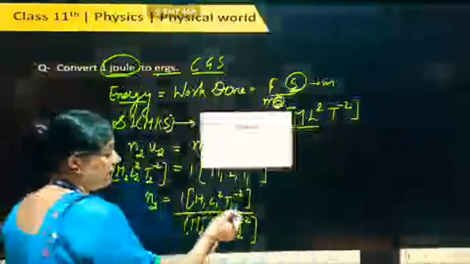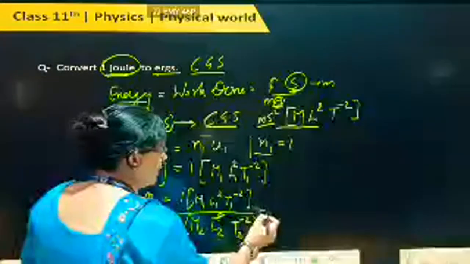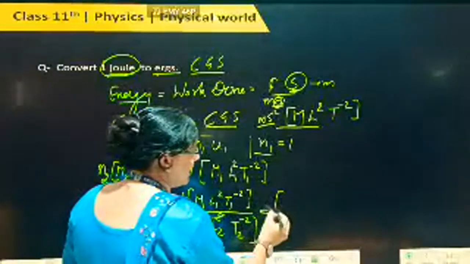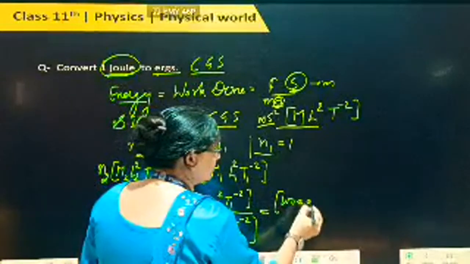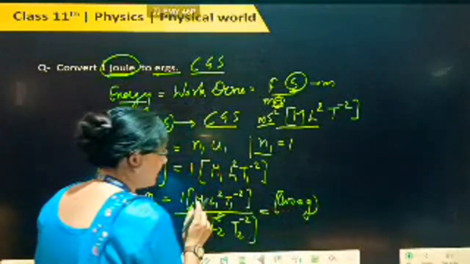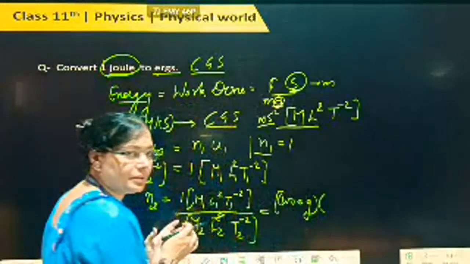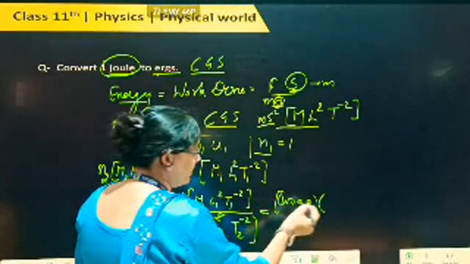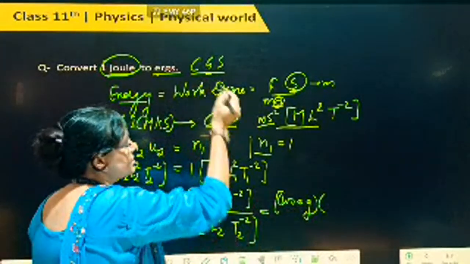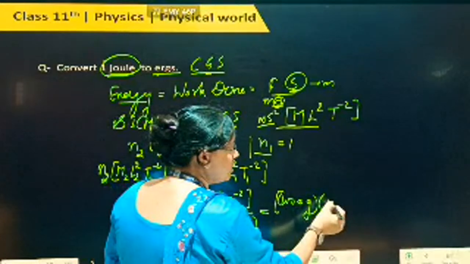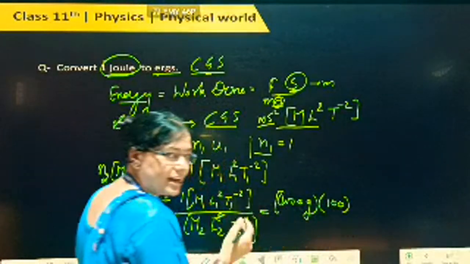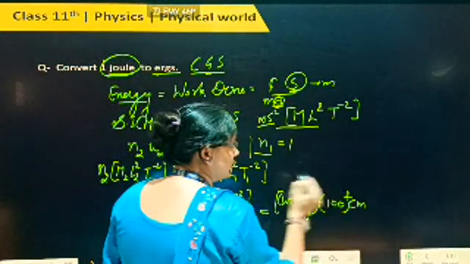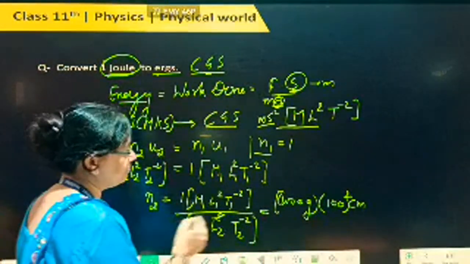Here M1 in MKS is the mass, and for CGS we write 1000 gram. Length in meter, when converted into CGS, becomes centimeter, so meter becomes 100 centimeter, and it will be squared.